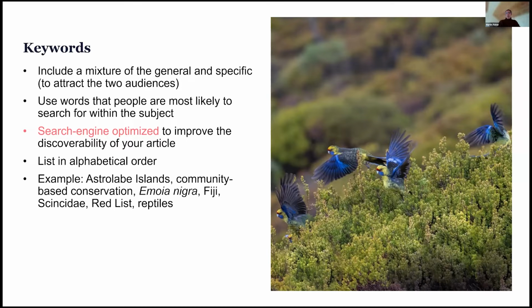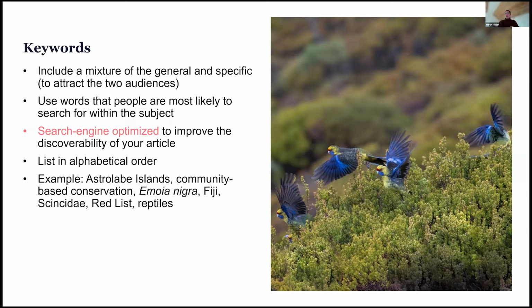You want to select between 6 and 8 keywords and to distribute them regularly throughout your article, in the title, the abstract, in the keywords, and throughout the different sections of your text. I'll give you a resource later to talk about how to do that in a little bit more detail.